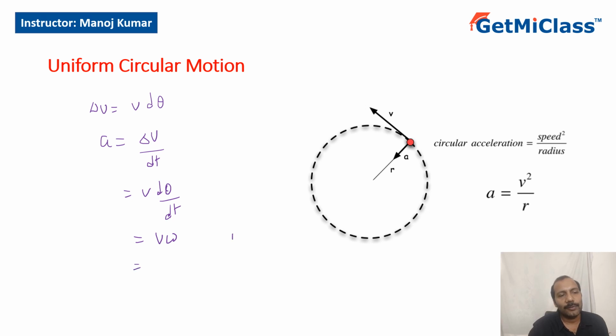Now we know omega equals v by r. So substituting that, I'll get v into v by r, that is equal to v square by r. So the acceleration acting on a particle in uniform circular motion is v square by r, and it is always directed towards center of the circular path, and hence it is also known as centripetal acceleration.